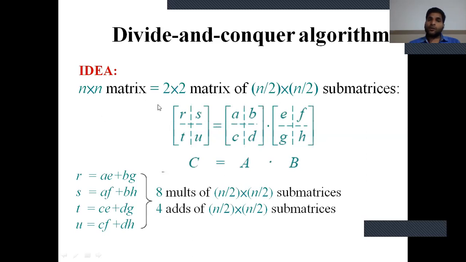According to the 2 by 2 matrix, the total number of multiplications of n by 2 submatrices equals 8: 1, 2, 3, 4, 5, 6, 7, 8. Eight multiplications are needed if we take matrix size 2 by 2. Total additions performed on submatrices equal 4. And the total cost equals multiplication plus addition, equal to 12.